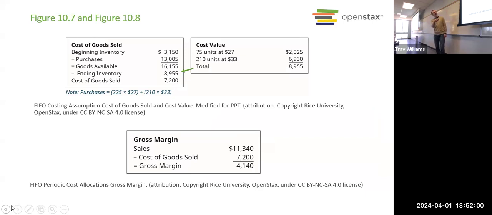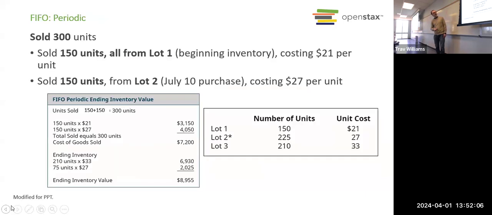Again, we can subtract that from the goods available, and that gives us our cost of goods sold. We see it right here too. So this is the ending inventory calculation that I just showed you. And this is the cost of goods sold calculation.